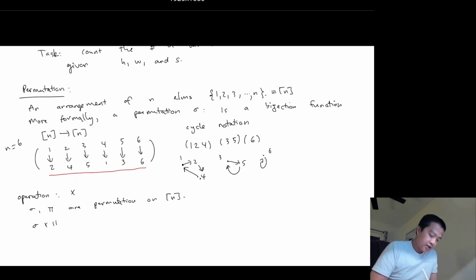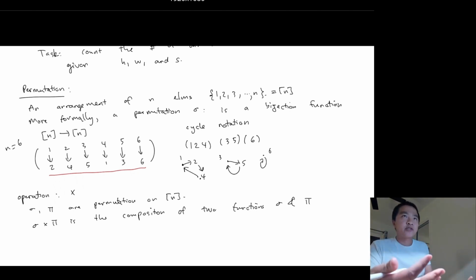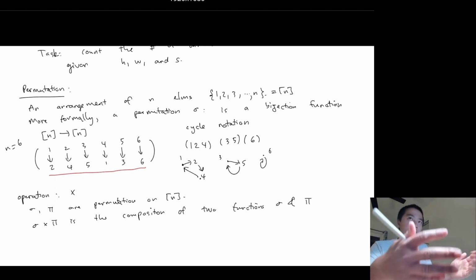Sigma times pi is the composition of two functions sigma and pi. Okay, so basically we apply the arrangement pi, we get an arrangement, and then we apply the arrangement sigma to that rearrangement.